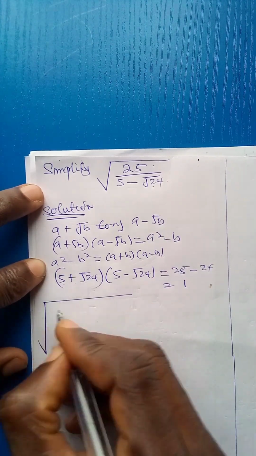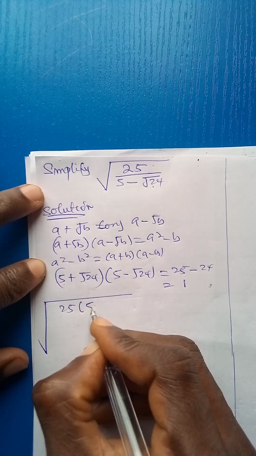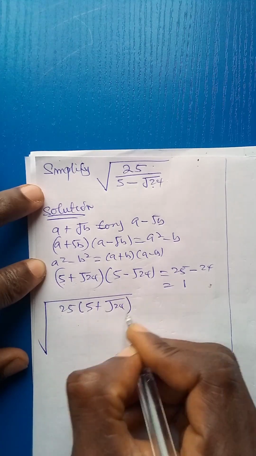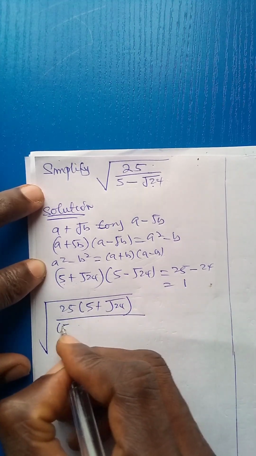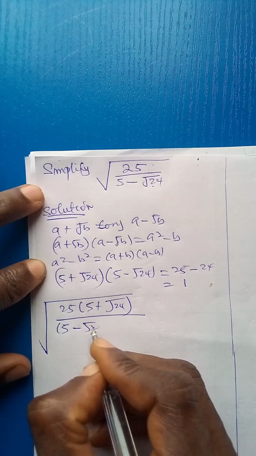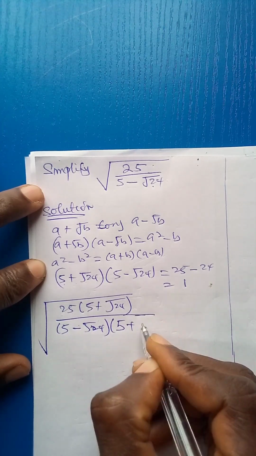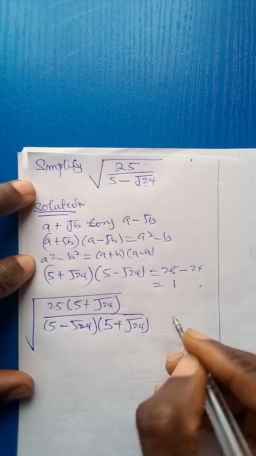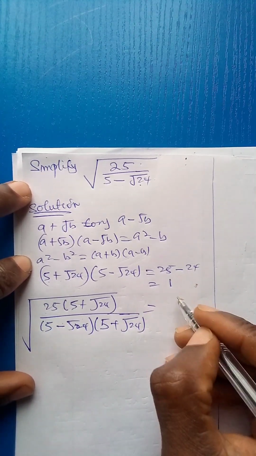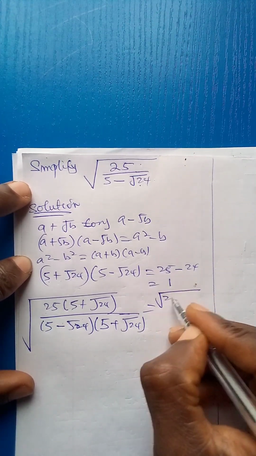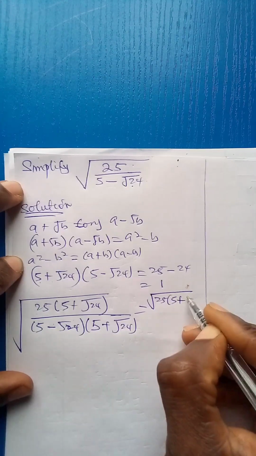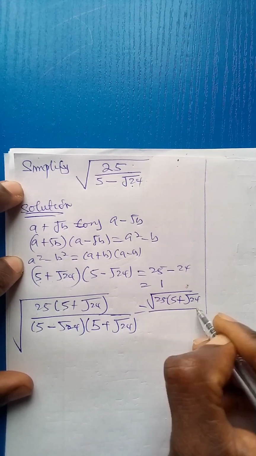It becomes root 25 times (5 plus root 24), close bracket, all over 5 minus root 24, then times 5 plus root 24. Good. So what we have here is the square root of 25 times 5 plus root 24 all over 1.